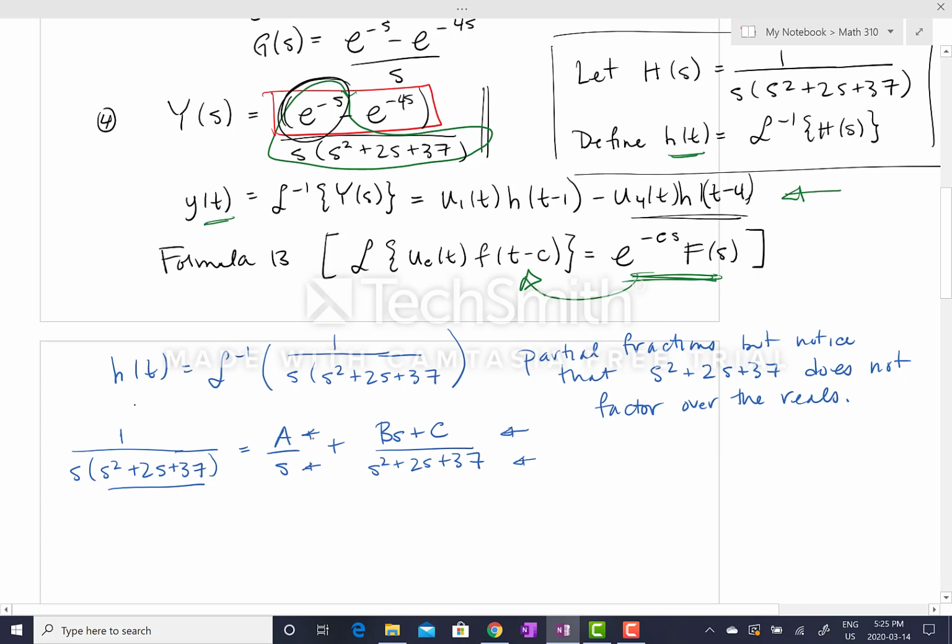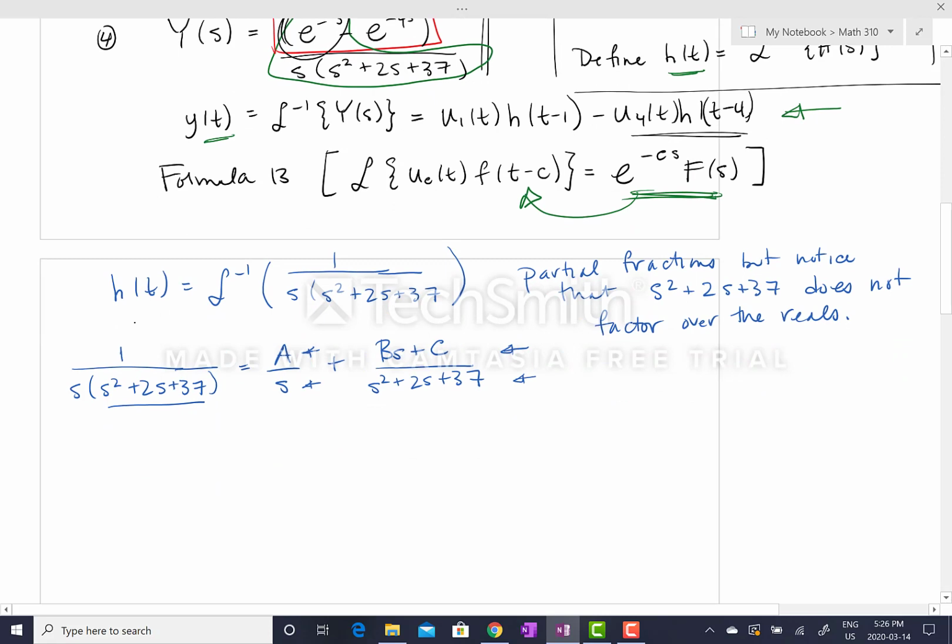Then we do the usual partial fraction method of finding A, B, and C, those constants, and that will be A times (s squared plus 2s plus 37) plus s times (Bs plus C) must be equal to 1. So I'm basically saying that the denominators are the same, therefore the numerators must be the same.